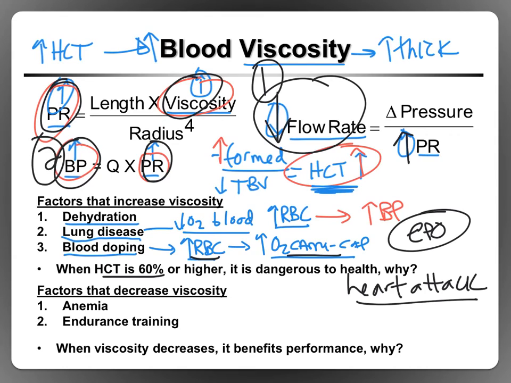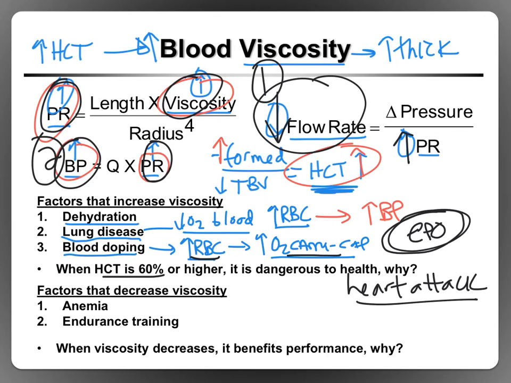So the cancer patients take EPO to keep their red blood cell production up. But athletes can get a hold of this and take it, and it's much easier than the old blood doping where you had to draw your blood, wait 6 weeks, and infuse it back in. So they can get a hold of EPO illegally and increase the red blood cell production. So again, it's illegal and it's also dangerous, but you should be aware of it.